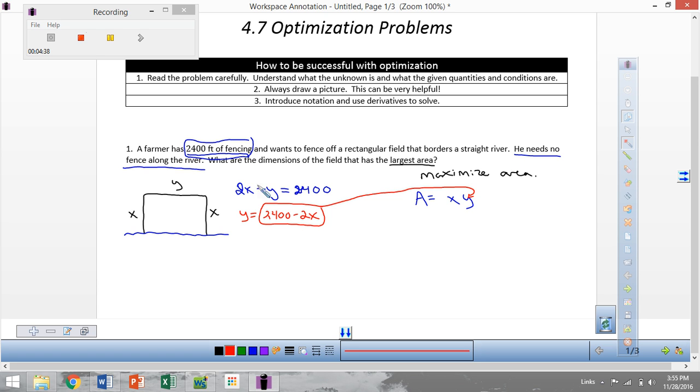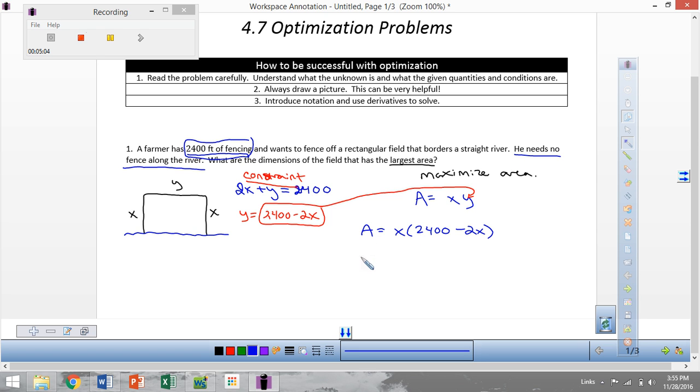A lot of times you'll hear this called the constraint formula. So you're going to have a formula that you want to maximize or minimize, and then you're also going to have a constraint formula that you want to manipulate in some way to replace over here. So that's going to take us to the fact that area needs to be x times 2,400 minus 2x.